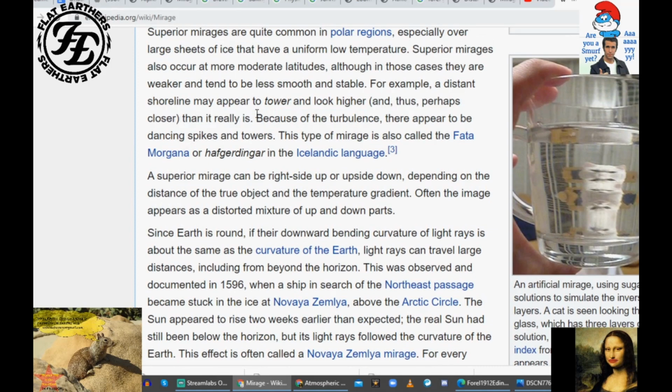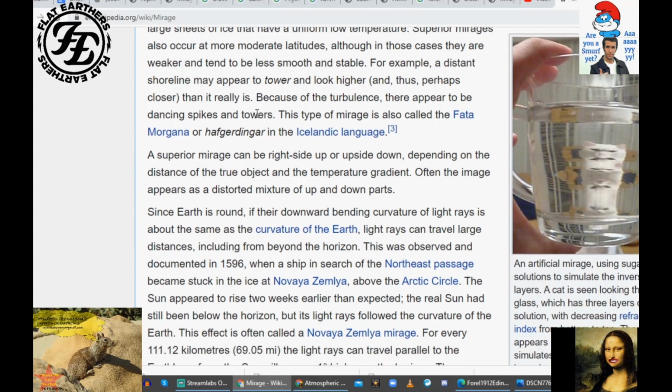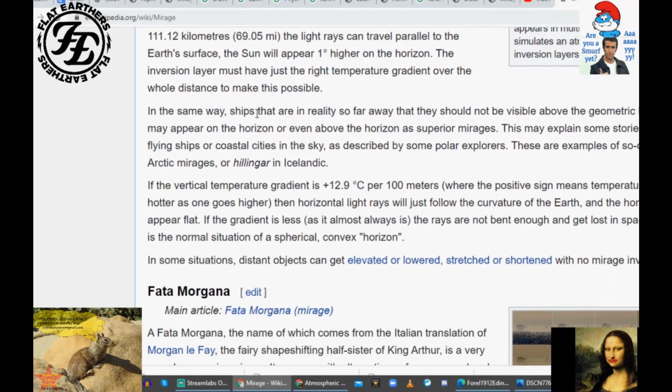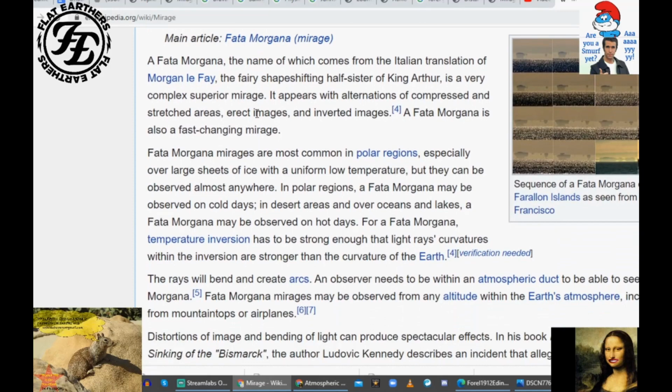Because of the turbulence, there appear to be dancing spikes and towers. I think we just saw that a bit with that boat that just went by. This type of mirage is also called the Fata Morgana or the Hofgudinga. Everybody, Hofgudinga. Alright, Fata Morgana is the name which comes from the Italian.